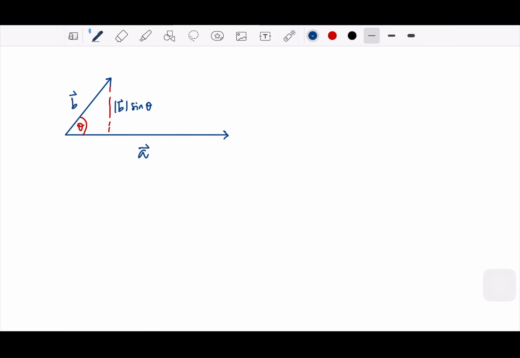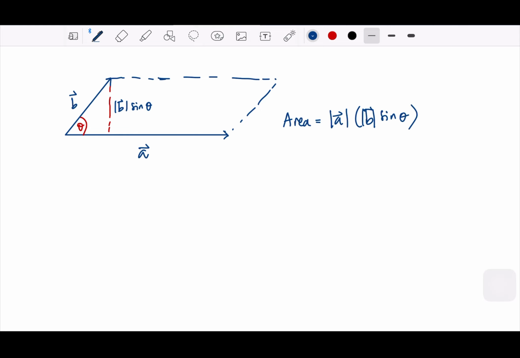But then we can imagine this becomes a parallelogram area, which means that the area is the magnitude of A multiplied by B sine theta.